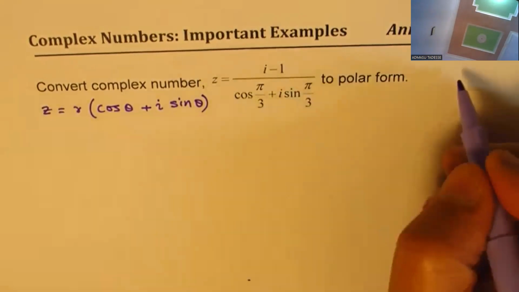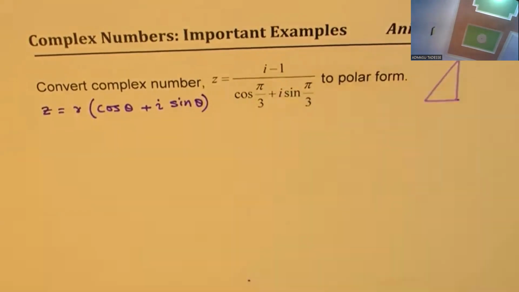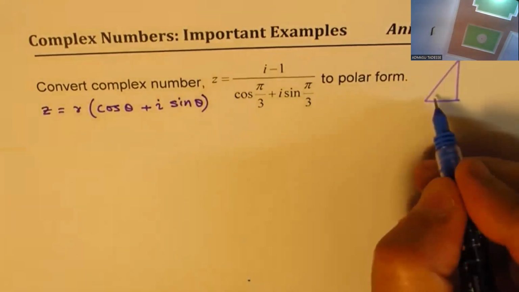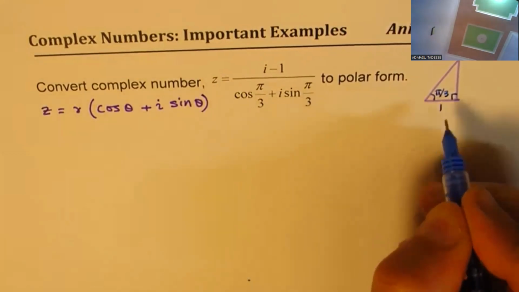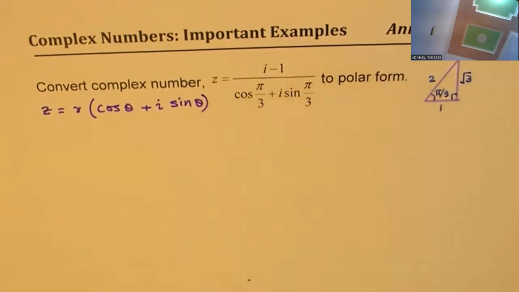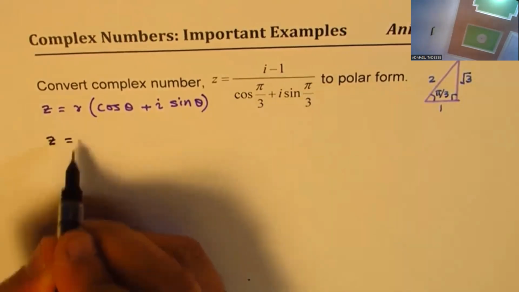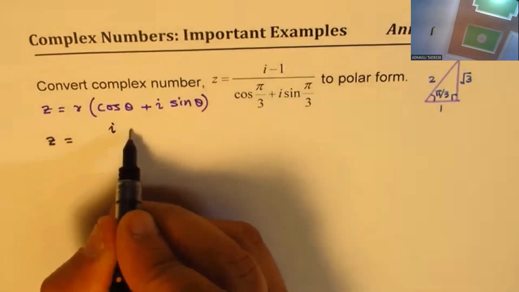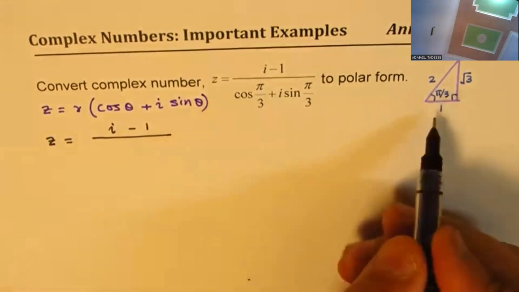writing this in numbers. Pi by 3 reminds you of the triangle which can give you the values directly. The sides are 1, 2, and square root 3, correct? Now, we can write the complex number given to us, z, as equal to (i minus 1) over (cos pi by 3, which is half, right?